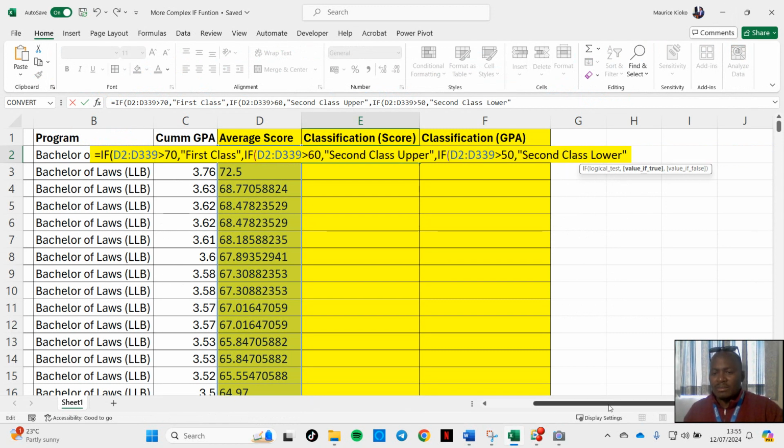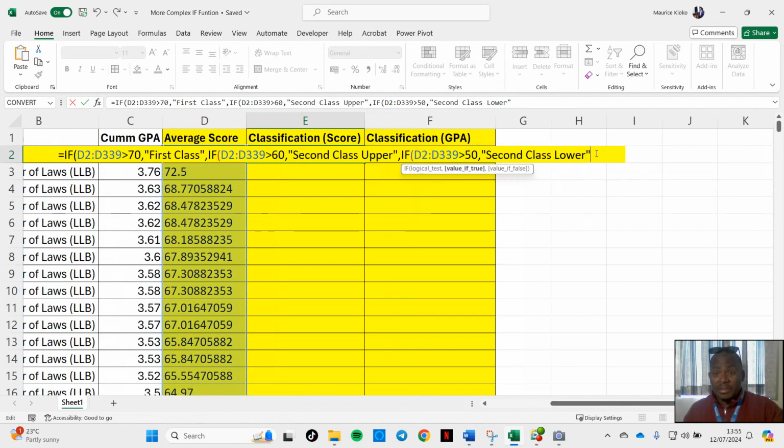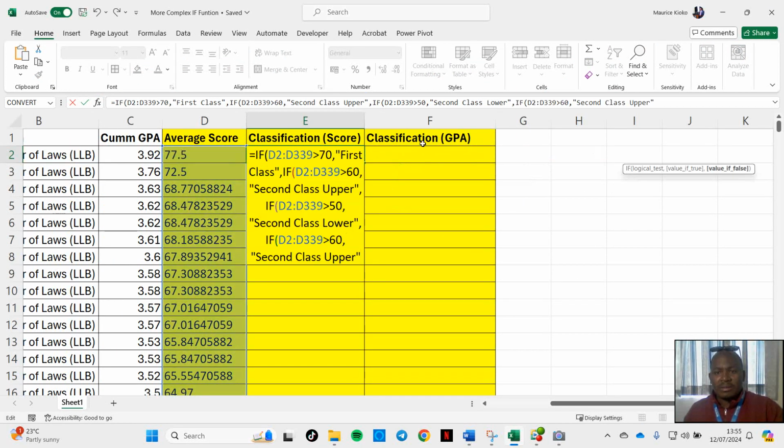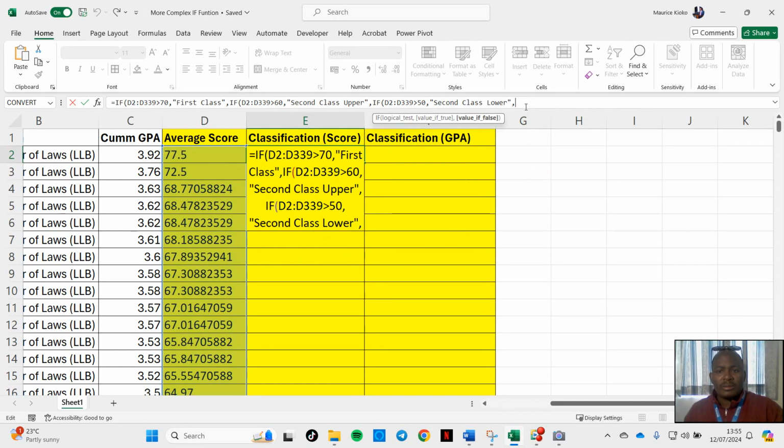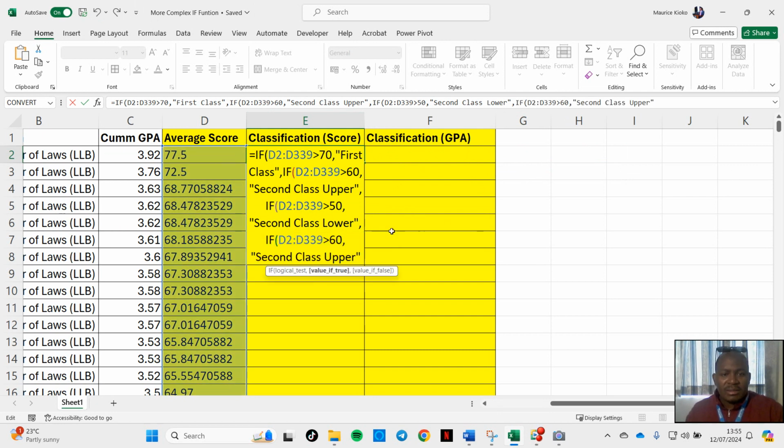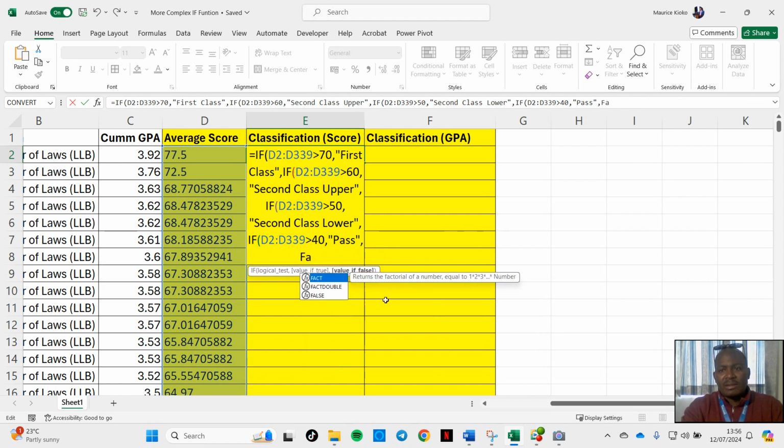Then you copy the same thing, paste there. Then bigger than 40, that becomes a pass. Then anything below that is fail.